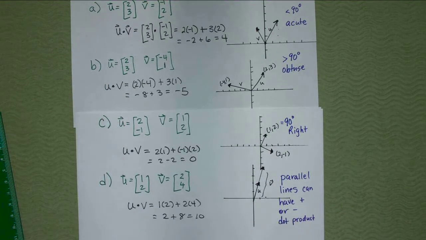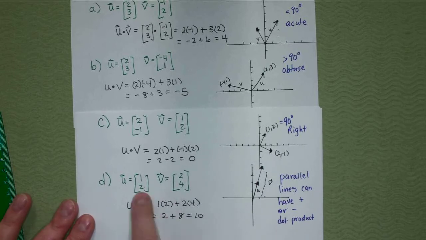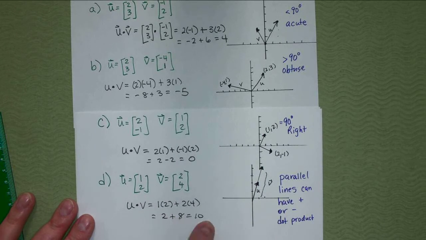So, it can have negative or positive, because if they're parallel lines going the opposite direction, you'd actually end up with a negative. But, so parallel lines, you have to say to yourself, okay, the dot product's 2, but are they parallel? Because that wouldn't tell you that it's an acute angle, right? Or it's negative. If they were in the opposite direction, you'd end up with negative 10 here, if they were the same numbers.